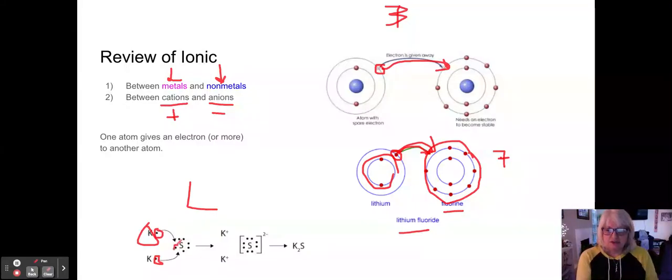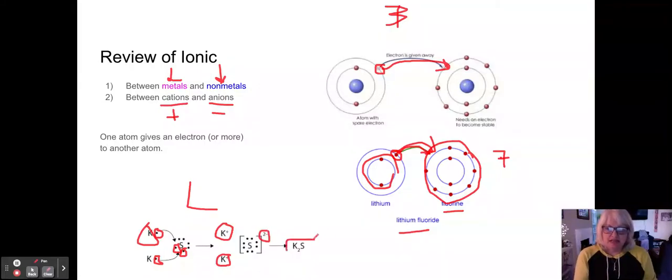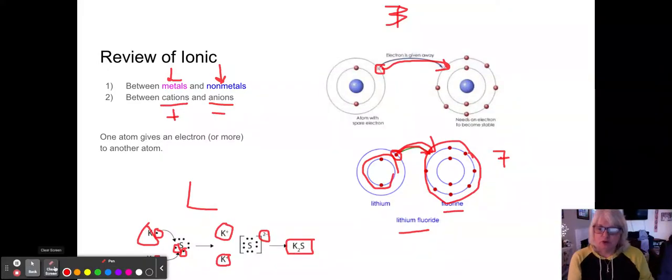Sulfur has 2 lone electrons, and so it wants 2 more electrons in order to bond together. So K becomes positive when it gives up an electron, which you can see here. Sulfur becomes a 2 negative when it gains those 2 electrons. And so to balance out together, we get K2S. So that's just a review of ionic.